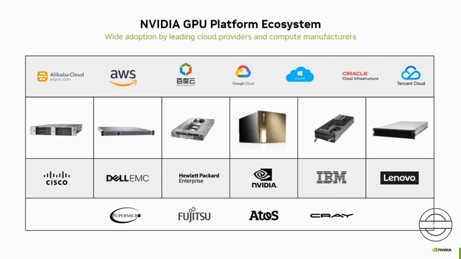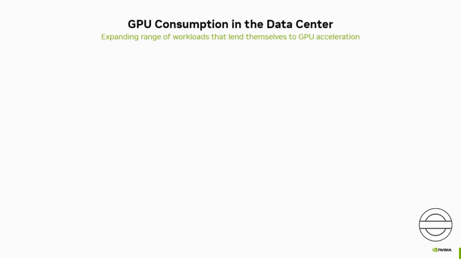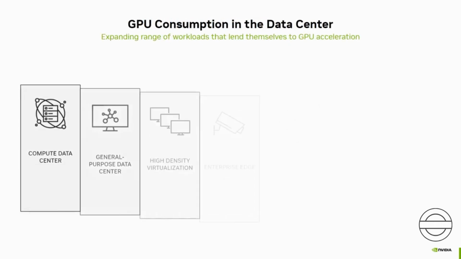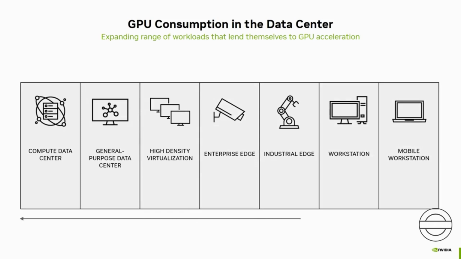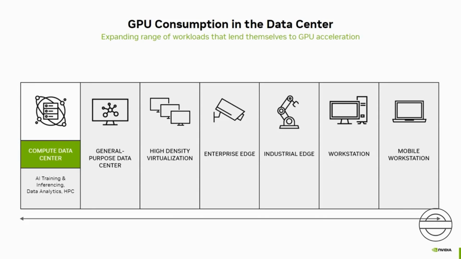Let's explore how GPUs are consumed within the data center. There is an ever-expanding range of workloads that lend themselves to GPU acceleration. Compute-intensive tasks like AI training and inference, data analytics, and high-performance computing, or HPC. General-purpose tasks like visualization, rendering, virtual workstation, and deep learning.